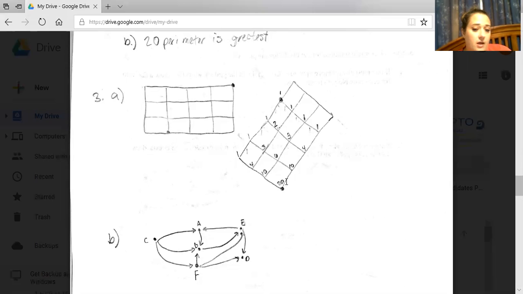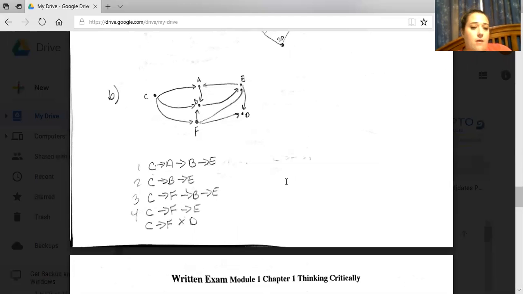And then again, same type of scenario on B, but it shows different directions, and so you start with point C in all of your different pathways. Again, you can only go certain directions, and those arrows determine that.